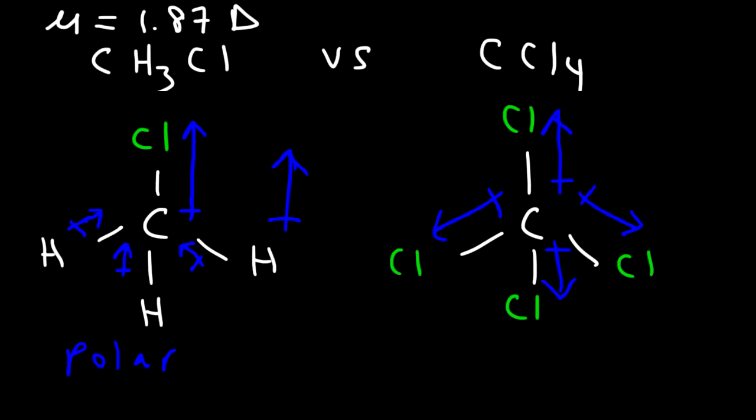And notice that all of the arrows emanate away from the carbon atom. And so it happens in such a way that all of these arrows completely cancel. Keep in mind, this is not a 2D structure, it's a 3D tetrahedral structure. So the net dipole moment for CCl4 is 0. It completely cancels. Even though the molecule has polar bonds, overall, this is a nonpolar molecule.